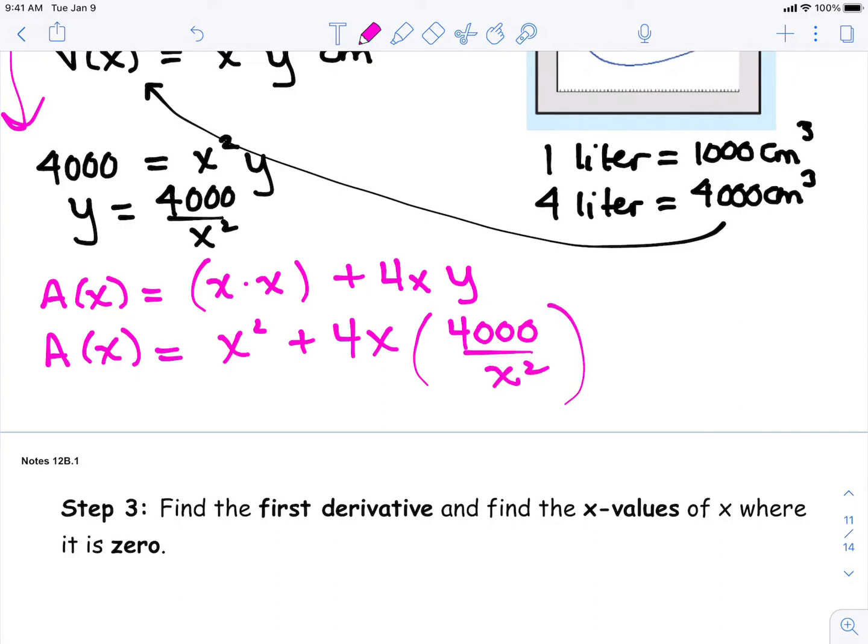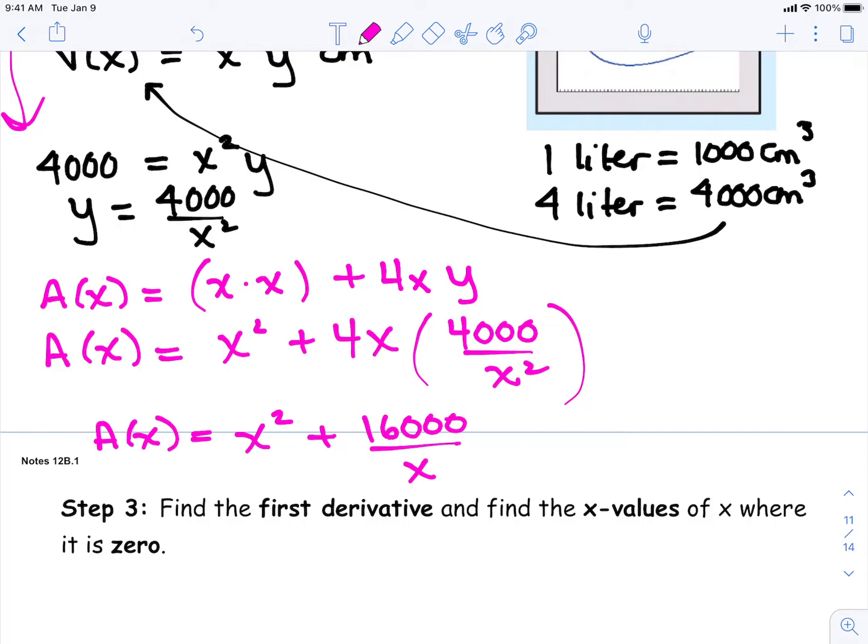Now we have the equation all in the same variable. I do want to simplify that second term. So the area of x equals x squared plus 16,000 over x.